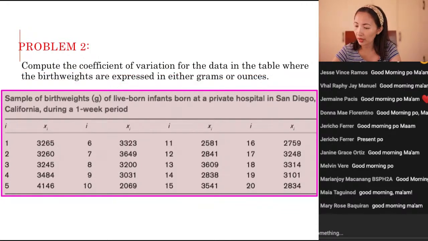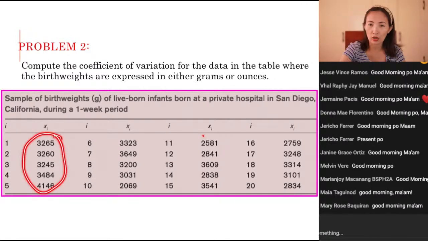We have here 5, 10, 15, and 20. Okay, 20 observations. So, what do we need to compute for the coefficient of variation? We need the standard deviation and the mean. Okay, so let's use Excel to find the mean and the standard deviation of this data set.